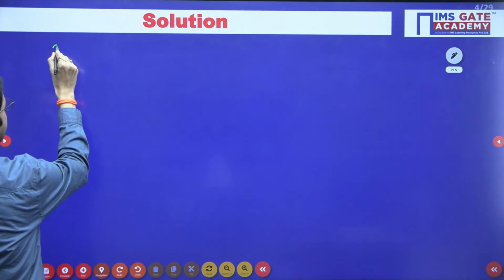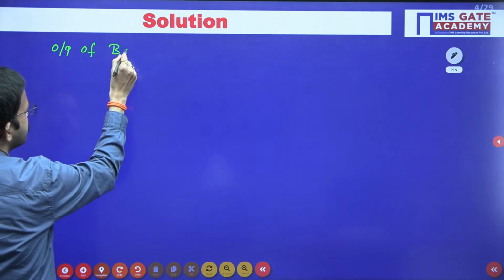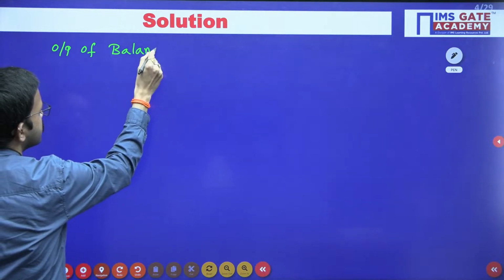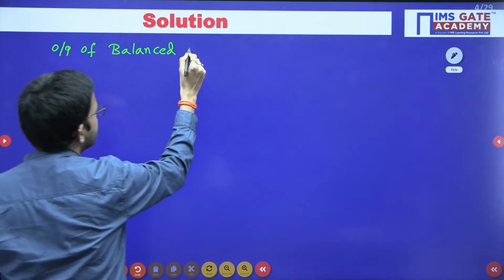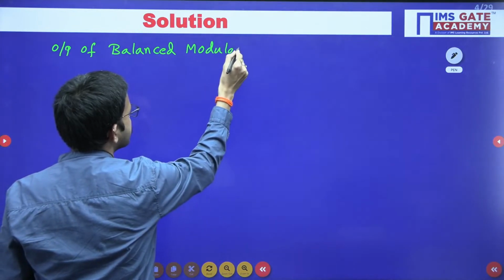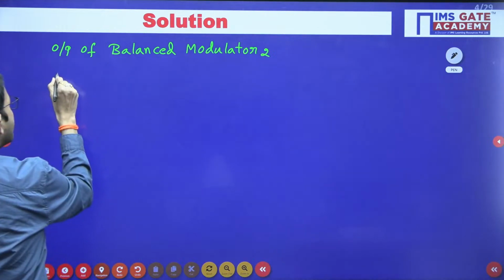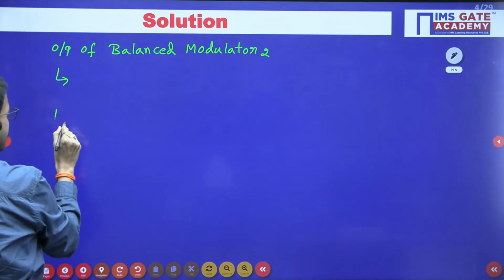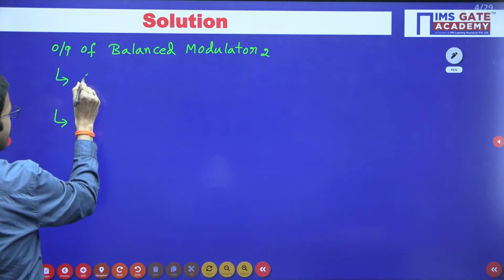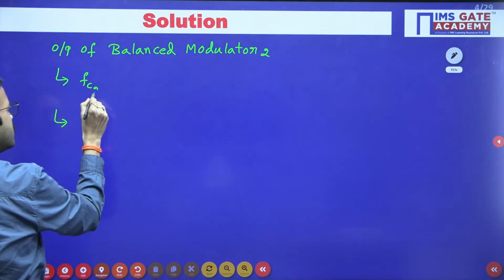Now the output of balanced modulator 2. Here also you will get two possible frequencies. One is FC plus FM, but here FC is nothing but FC2.